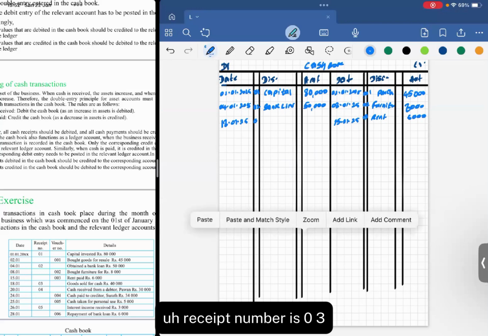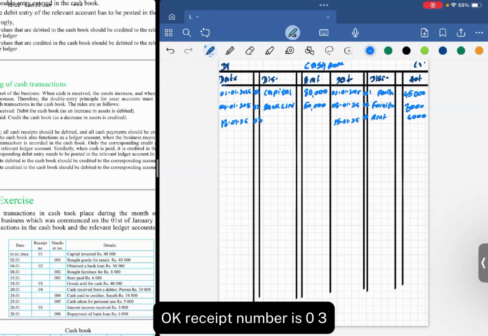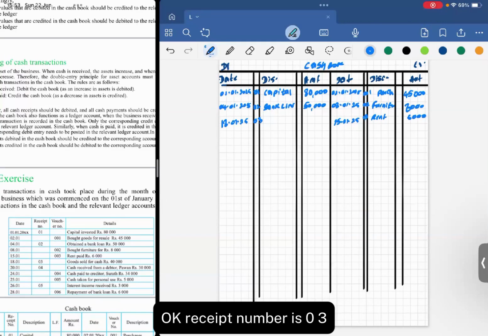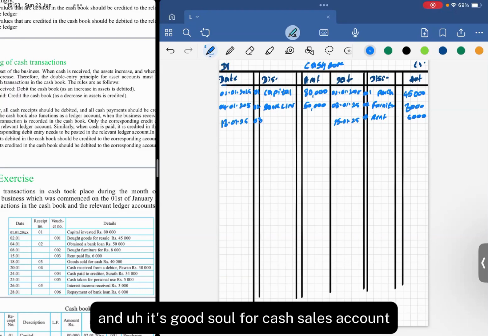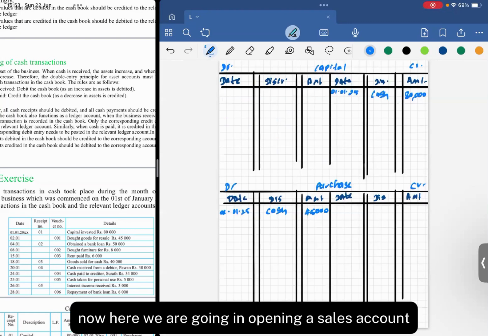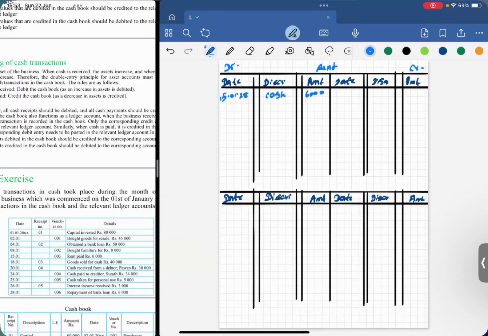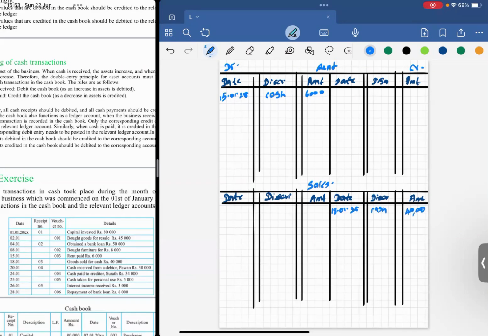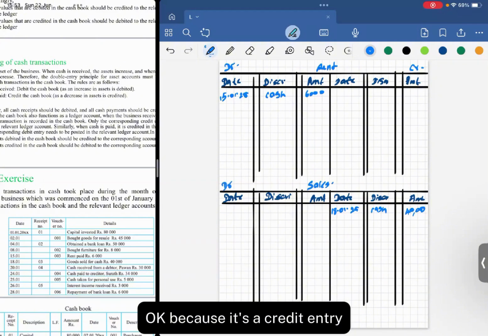Receipt number is 03, and it's goods sold for cash, sales account, 40,000. Now we are opening a sales account. 18th Jan 2025, cash book, 40,000, because it's a credit entry.